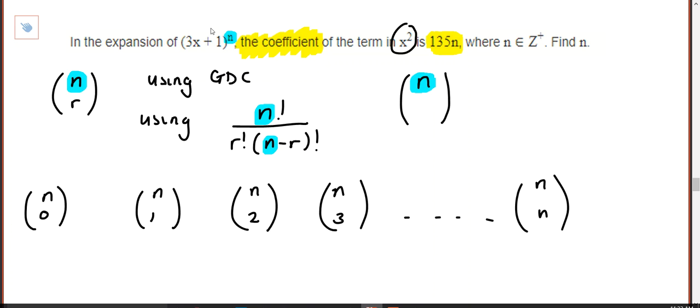So, what we're looking for is, we know this is an x squared term. What that means is, in my expansion, after one of these coefficients, I'm going to have an x squared. And I'm expanding this. So if I think about it, this first one would just be 3x to the power of n.